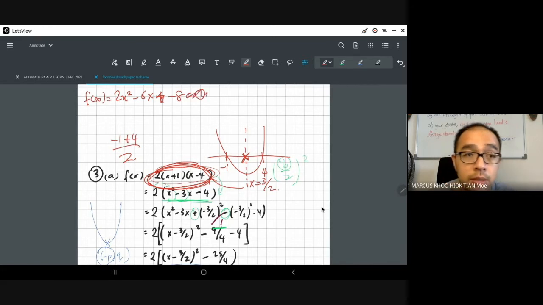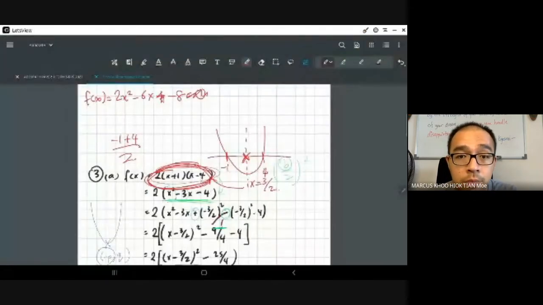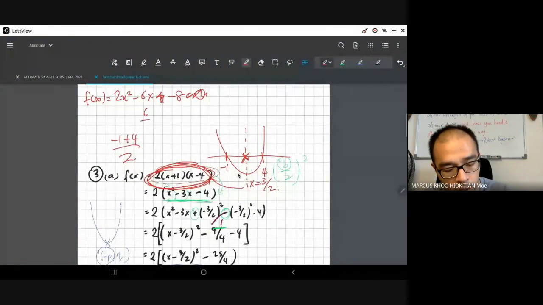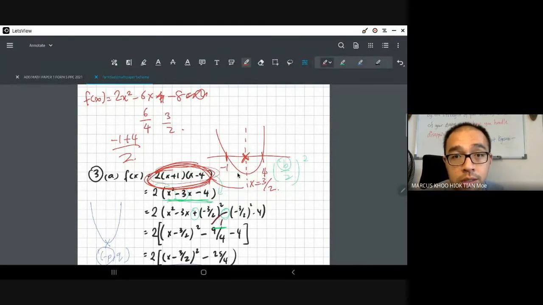Is that what you mean, Karima? So minus b over 2a will give you 6 over 4, which is 3 over 2 lah. This is the x value. Then after that, you substitute to find the f(x).